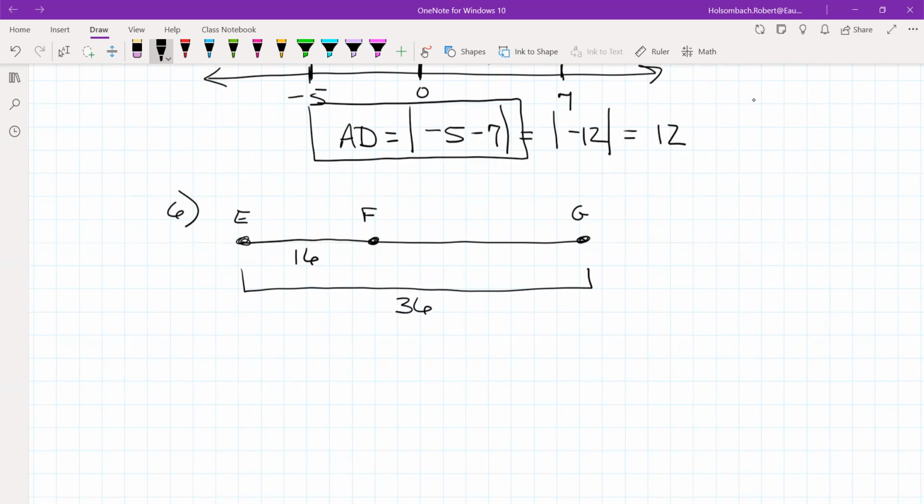Find the value of FG. FG is right here. Segment addition postulate. 2 smaller pieces added together equal the big piece. So 16 plus FG is equal to 36. Subtract 16 from each side. And our FG equals 20.